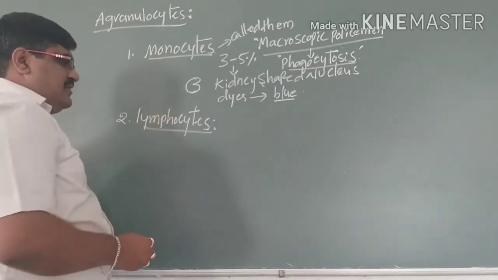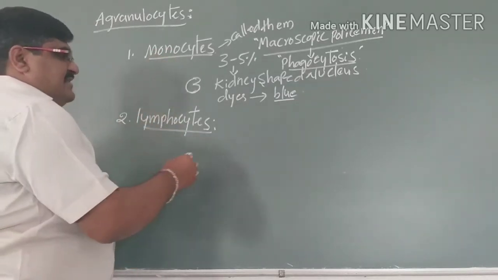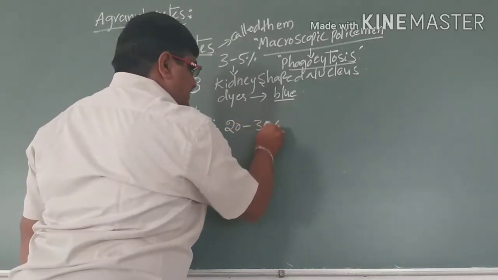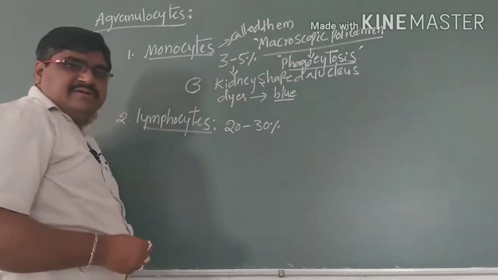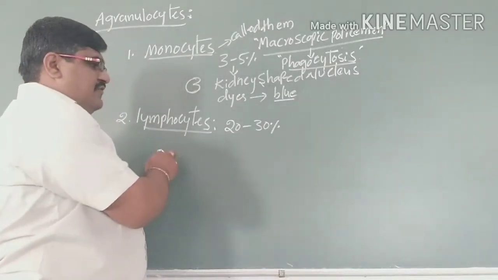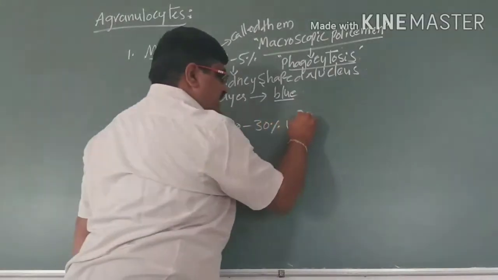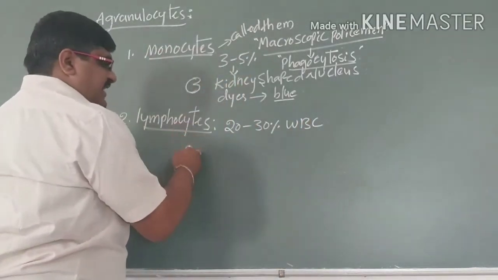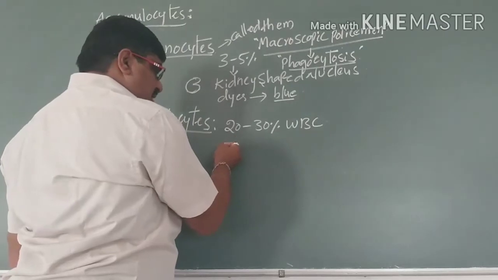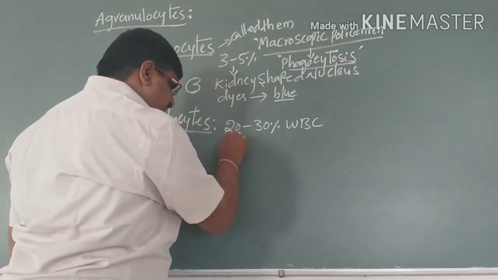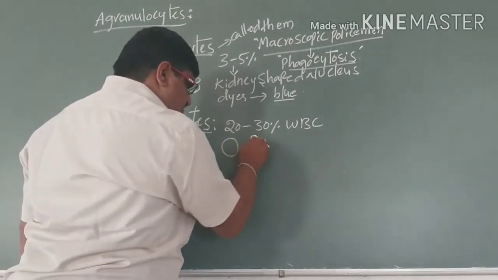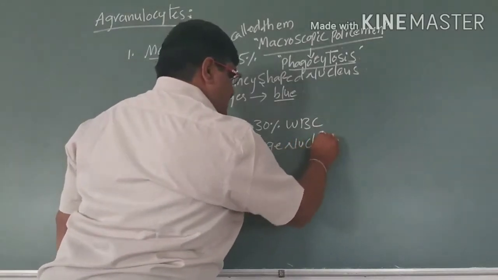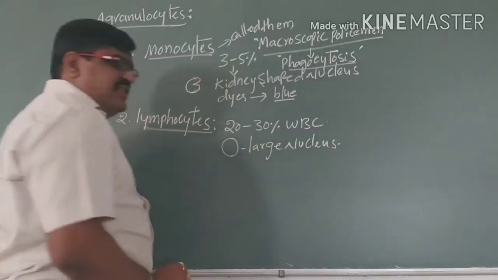And coming to the last one, the lymphocytes. Lymphocytes occupy 20 to 30% of the WBC, and they have a large nucleus in the cytoplasm.